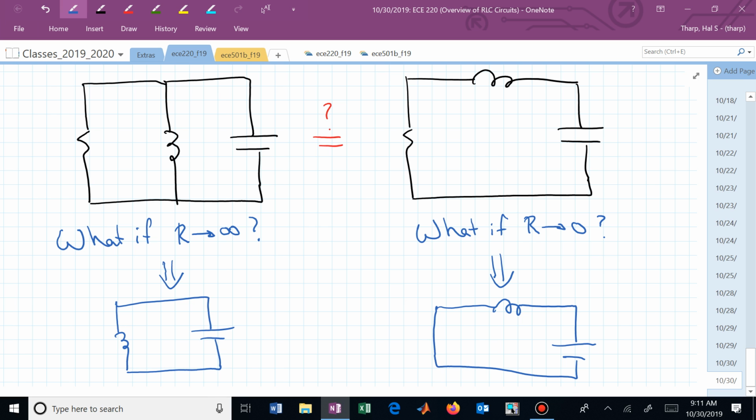We okay with that? So now when we say let's let the resistance go away or reduce our damping, it's going to depend on which circuit we start with. If we start with a parallel, making the resistance go away says we need to really increase the resistance value to make it go away.